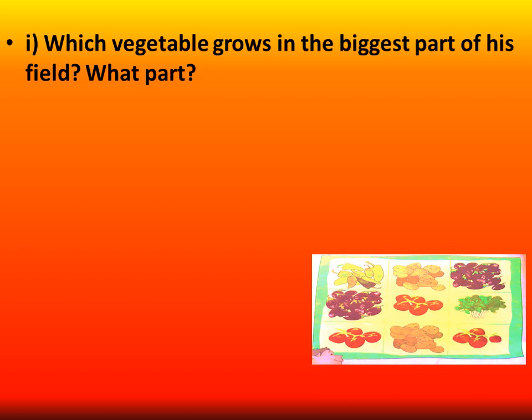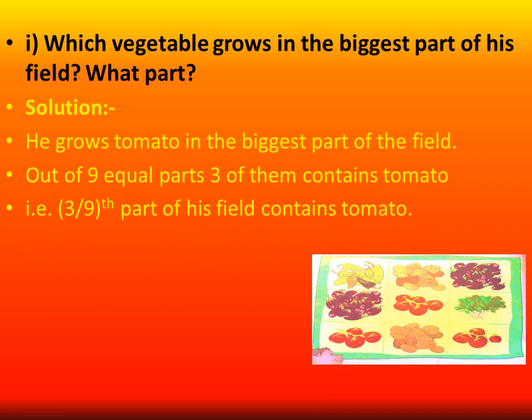So which part, you have to write in the fraction form. Out of 9, in 3 fields they grew tomatoes, so the fraction will be 3 upon 9. So we write the answer: 3 upon 9 part of his field contains tomatoes, because we have to write in the fraction form. This whole chapter is based on fractions only.